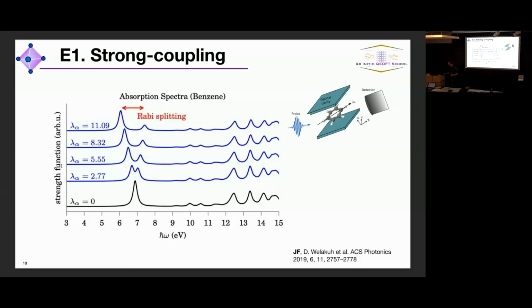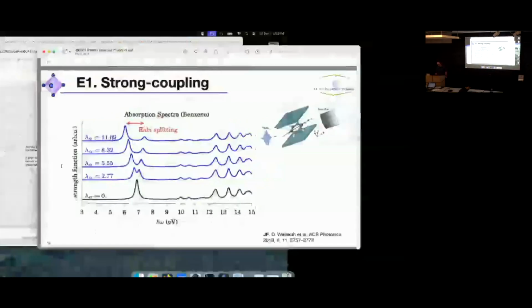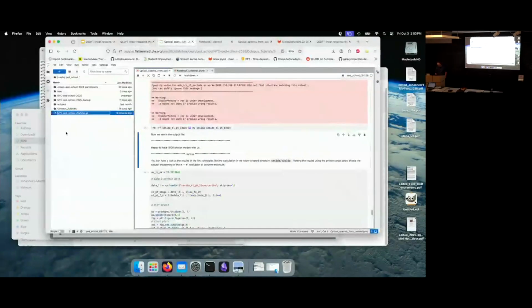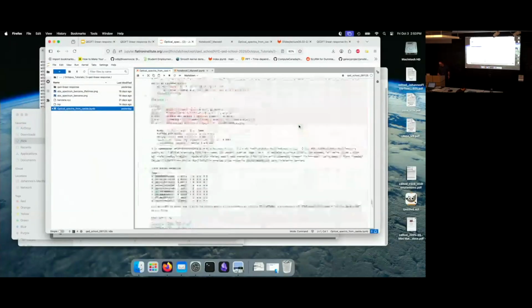Okay, and the notebook is called, let me check. It's in the Octopus folder: Octopus tutorials, then 3 linear response, and then optical spectra from Casida. You may not have any output.